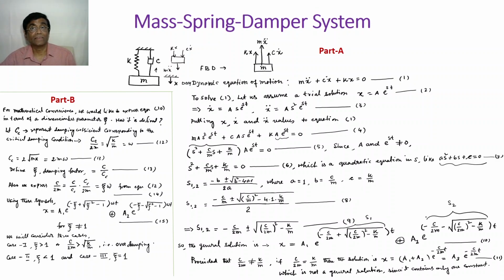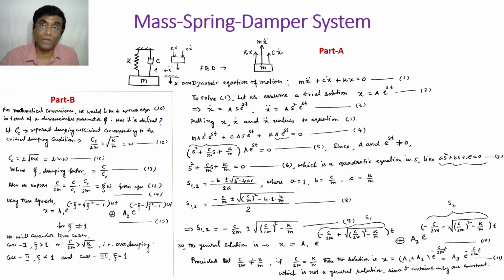Now here is a concept. Since the system is linear in nature, the principle of superposition holds good, and I can put a plus. I have two roots, each root is giving one solution, and I will just sum them up to get the general, total solution.